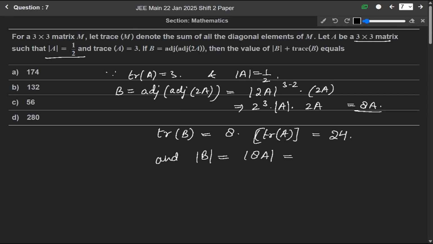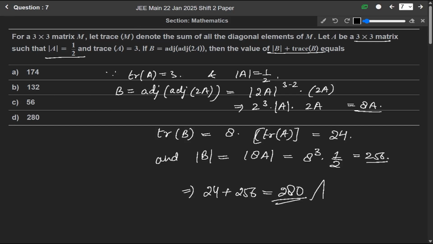So it will be equal to 8 cube into this 1 by 2. So it will be equal to 256. So the determinant of B plus trace of B will be equal to this 24 plus 256. So it will be equal to 280. So our final answer is 280, means option D is the correct answer.